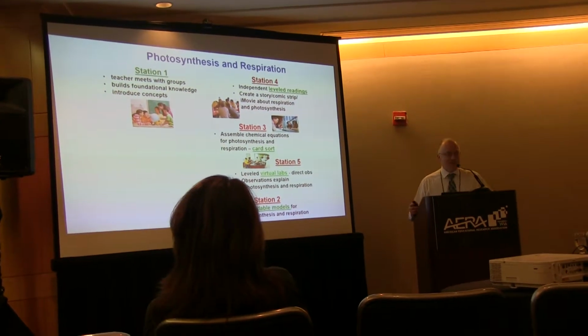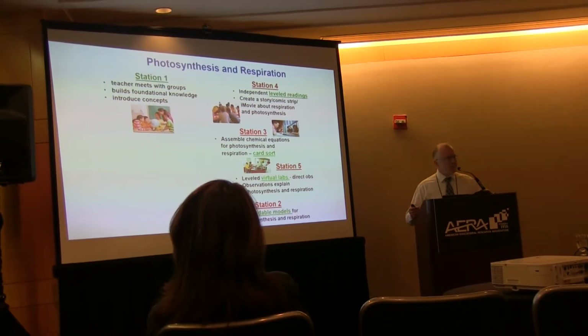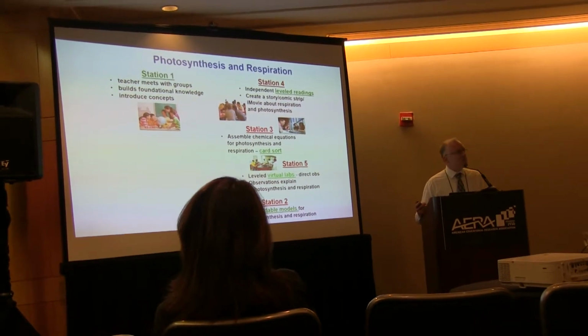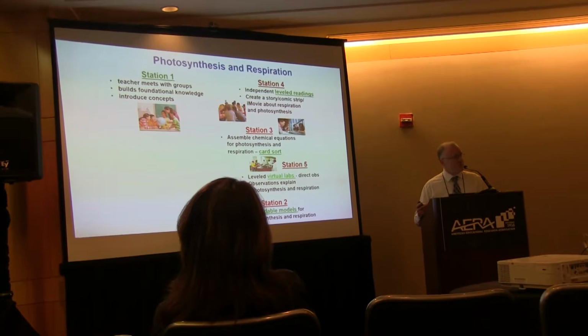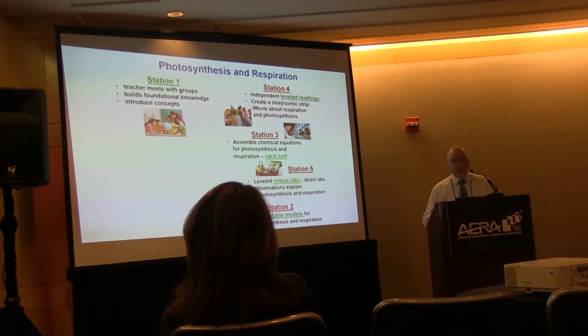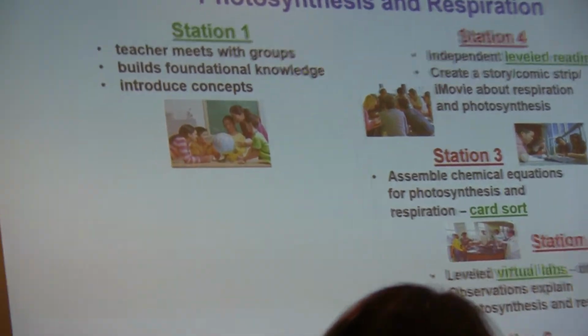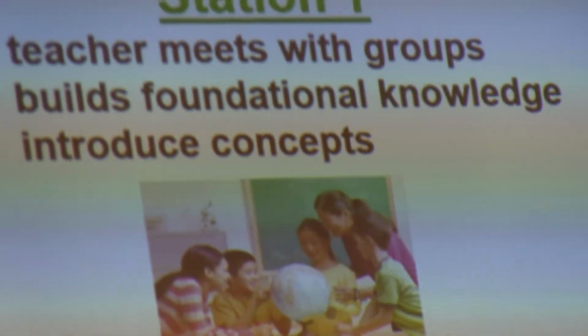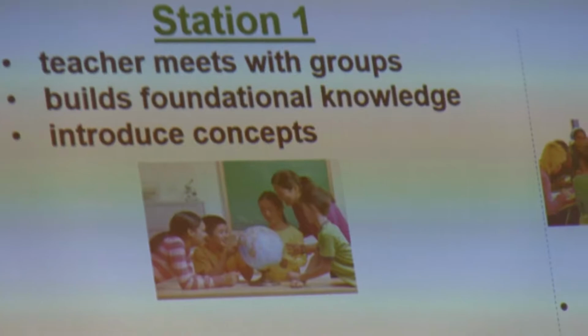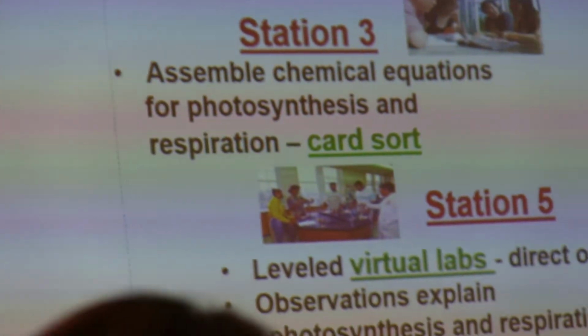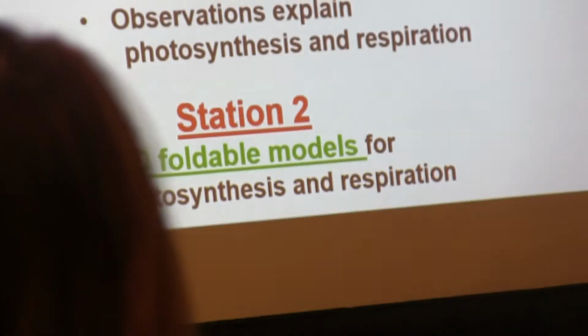But in terms of photosynthesis and respiration, this lesson was about helping students understand the distinctions as well as the areas of overlap between these two principles. This was similar to the other lesson in that it was 2 days and focused on a lot of different activities, but it was structured differently.